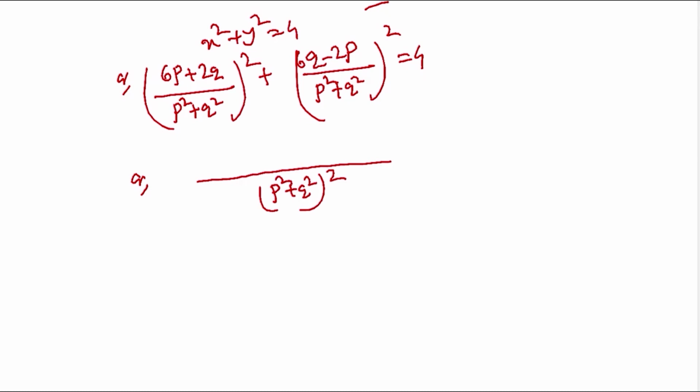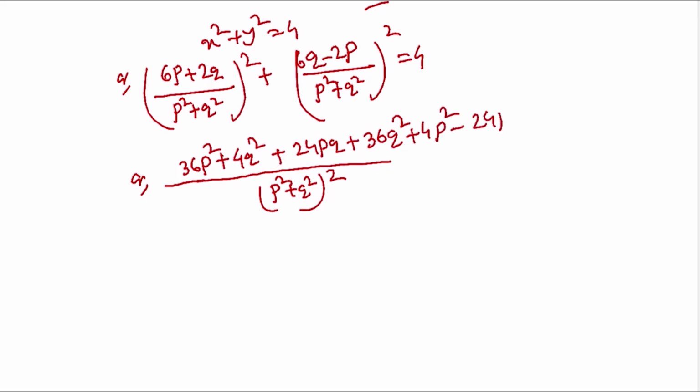So let's expand them according to the identity. It becomes 36p square plus 4q square plus 24pq plus 36q square plus 4p square minus 24pq.